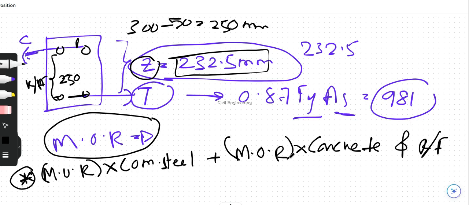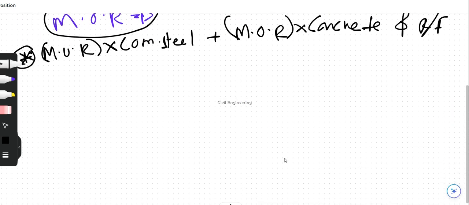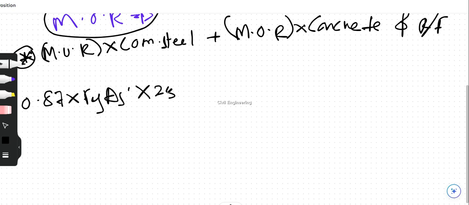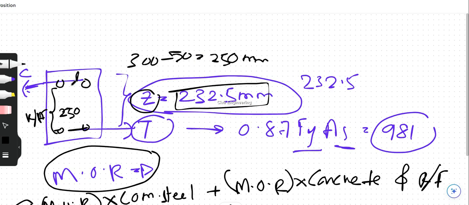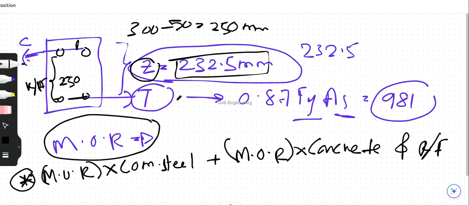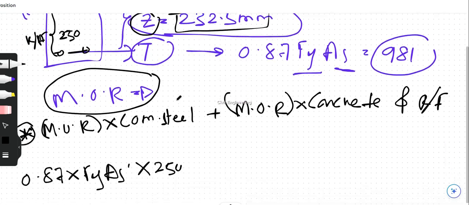How can we find it? Okay, I will tell how we can find it. For the compression steel, it is 0.87 fy As' into 250. What is that 250? 250 means the distance between two bars, top and bottom steel bars.